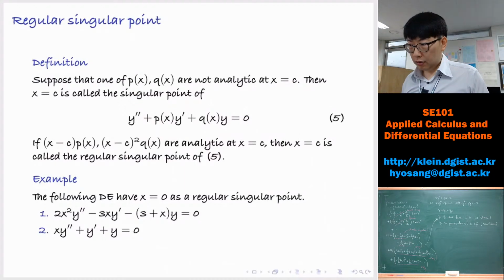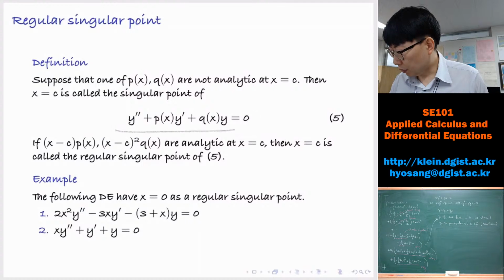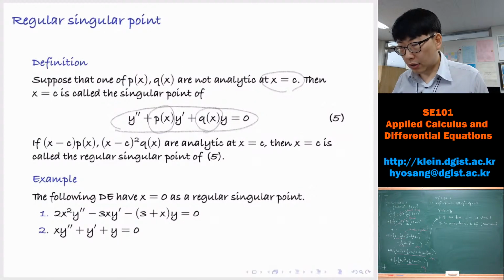So suppose that we have a second order differential equation of this form, and suppose that C is a singular point, which means that p and q are non-analytic at C, okay? And we have a homogeneous differential equation.